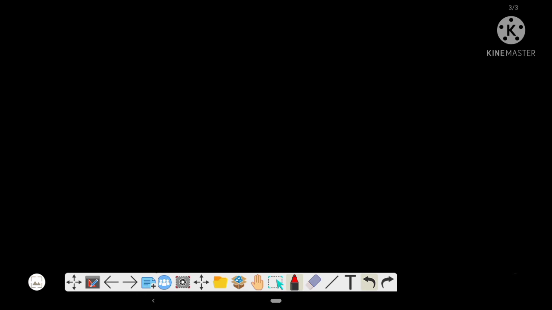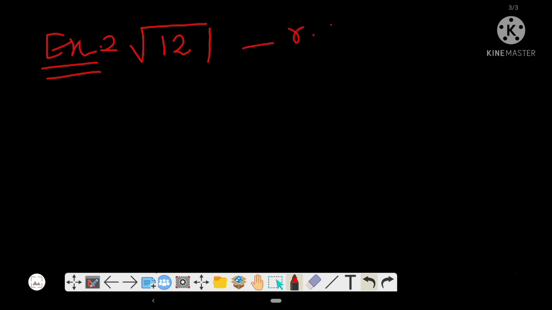First we found it for 9. Now we will find the square root of 121. As per your book, it is example 2, right? We need to find the square root of 121 by the repeated subtraction method, which I am writing as SRSM.